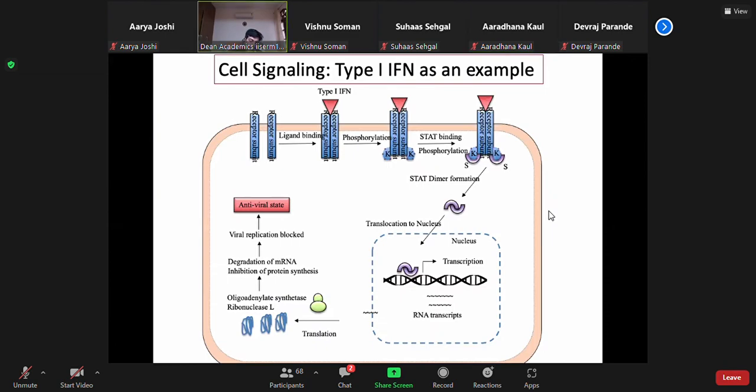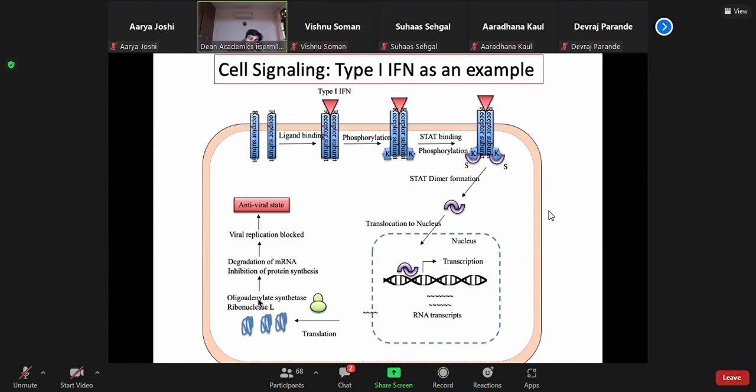Sir, can you please explain the following pathway after translation till antiviral state once again? Well, you synthesize the specific molecules, for example, oligoadenylate synthetase. As the name suggests, this depletes ATP, adenyl, right?